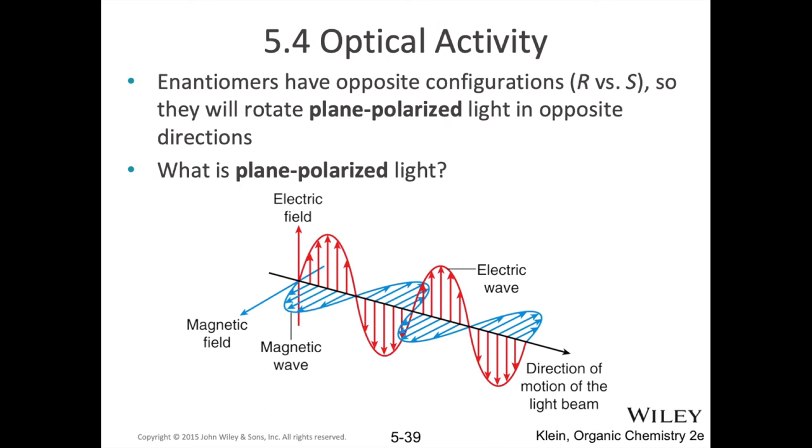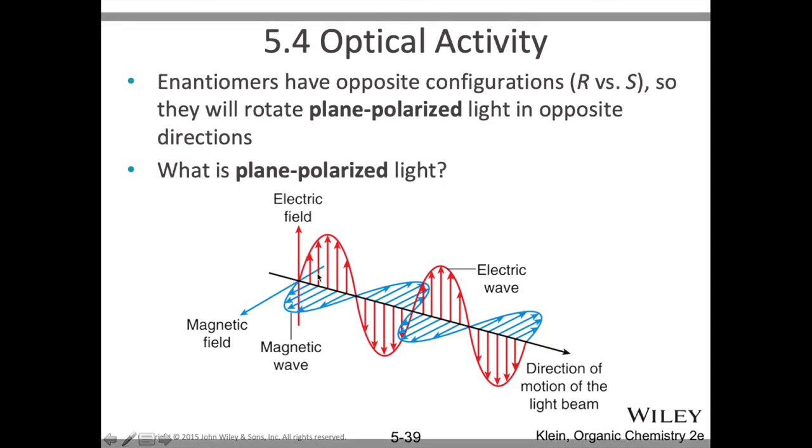Now, light being electromagnetic radiation has an electrical field and a magnetic field, right? So its waves are accordingly aligned with those, okay? But these are orthogonal or perpendicular to the direction that the light's moving.